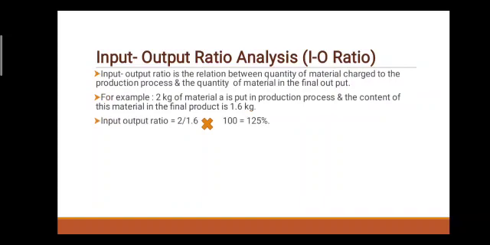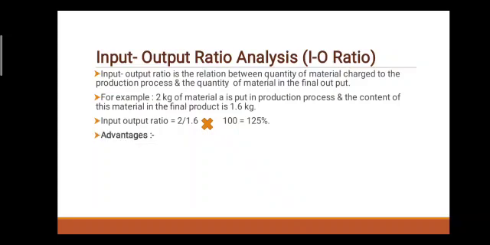So, input-output ratio is equal to 2 divided by 1.6 into 100, which is equal to 125%, where 2 is the quantity of material used for production and 1.6 is the quantity of final product, into 100, equal to 125%.